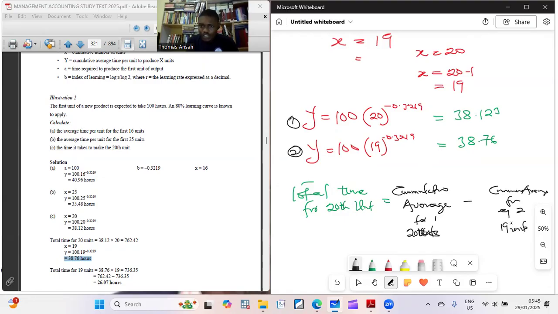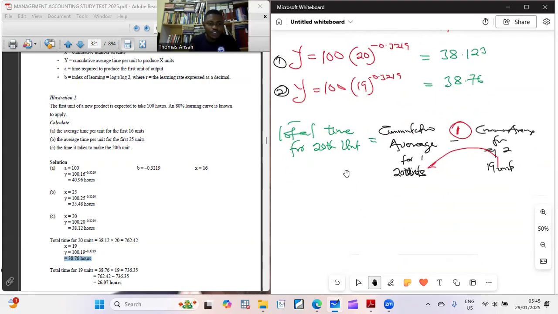So it's not the 19th, but 19 units, meaning that to move from the 19 to the 20, there was 1 unit. And so the 20th unit is what we are trying to find. All right. So basically, that is that. So you could see that what you need to do is to go in there and do the subtraction.